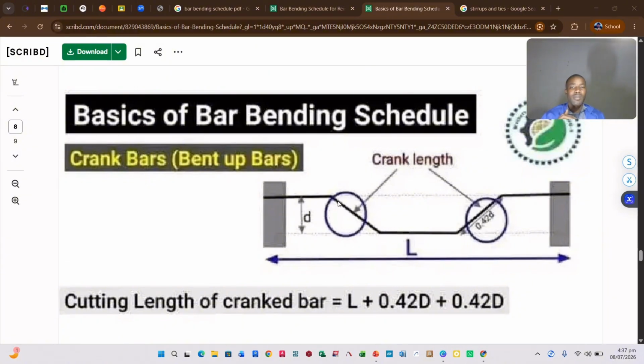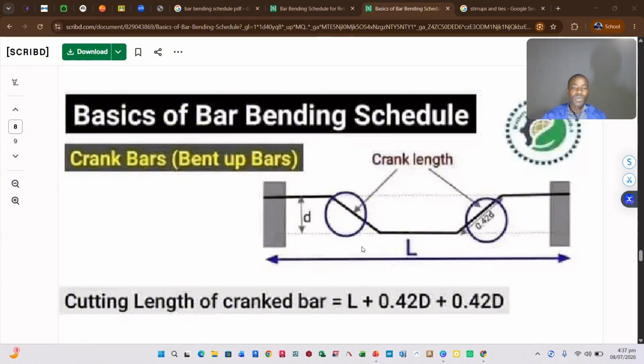These crank bars are bent at an angle, and this distance from this bend to this bend is known as crank length. The crank length is given by 0.42D, 0.42 times the diameter of this same bar.